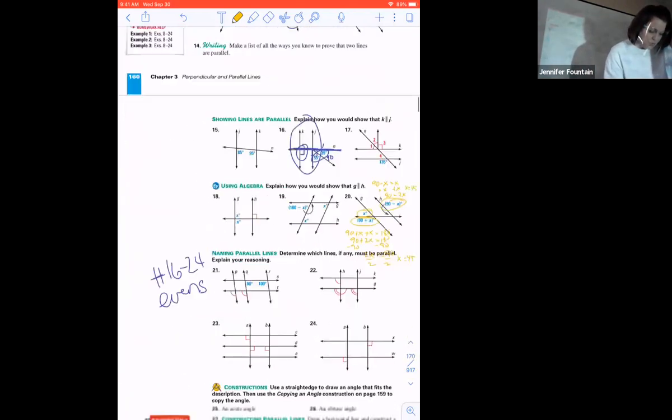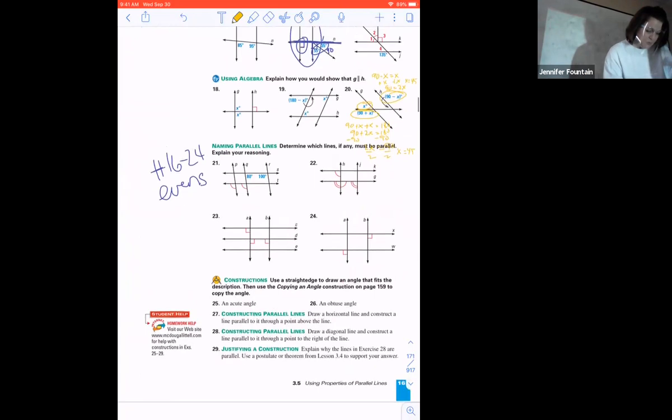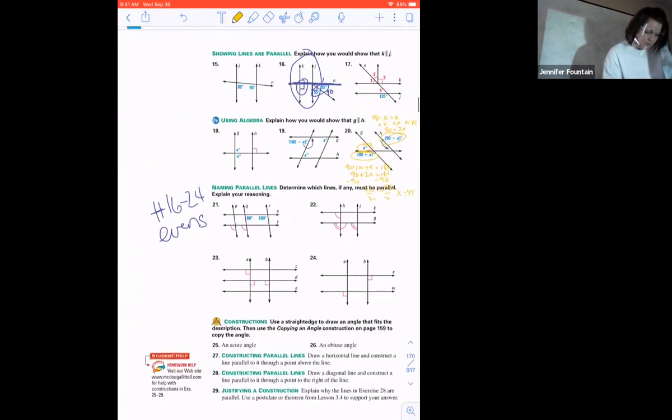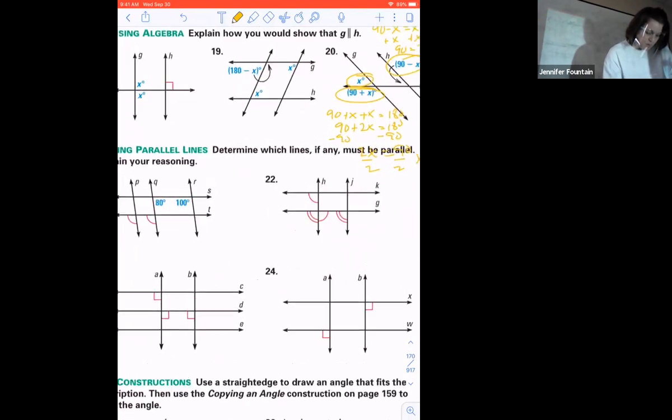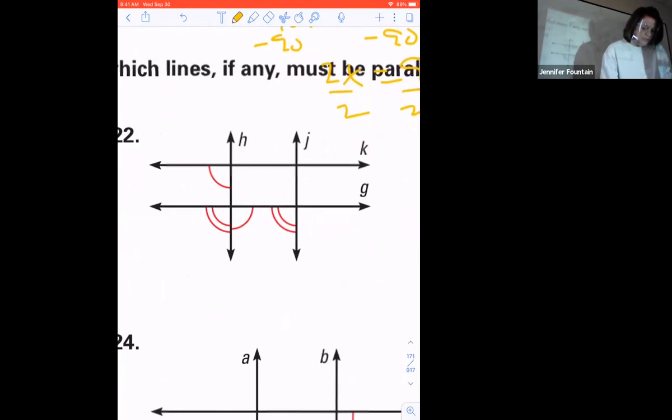All right, 22, 16 through 24 evens. So let's see. Number 22, determine which lines, if any, must be parallel. Explain your reasoning. So let's go ahead and look at number 22. Okay, notice we've talked about our little arcs there, and that we know a single arc corresponds with a single arc, and a double arc corresponds with a double arc.